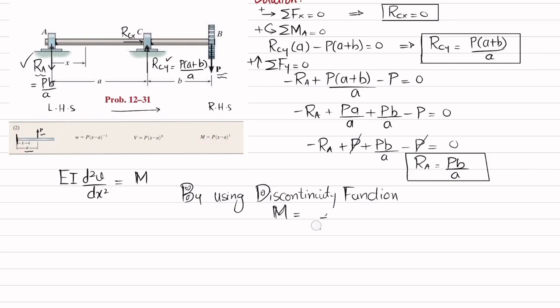First we will write the moment function. The moment function is P into Macaulay's bracket x minus a power 1 for this load.